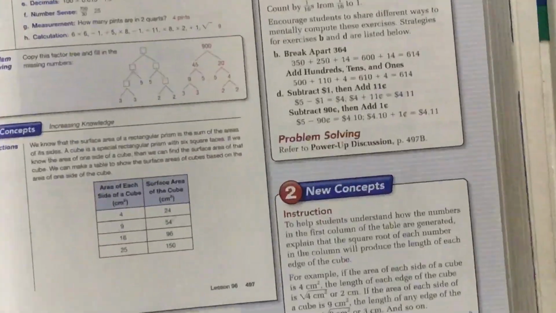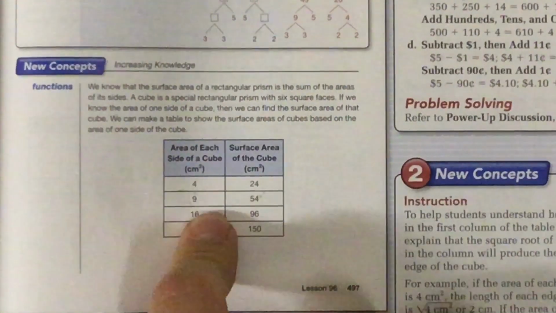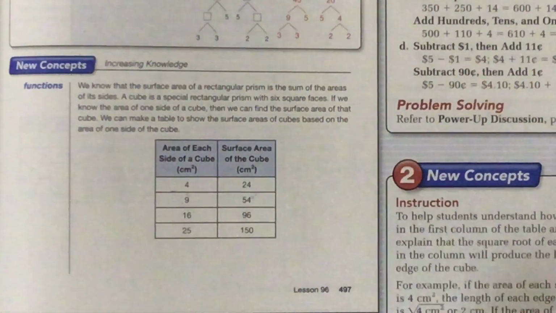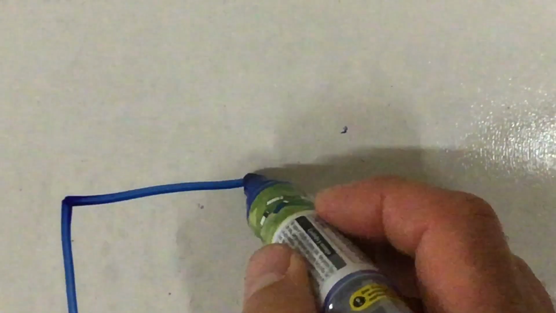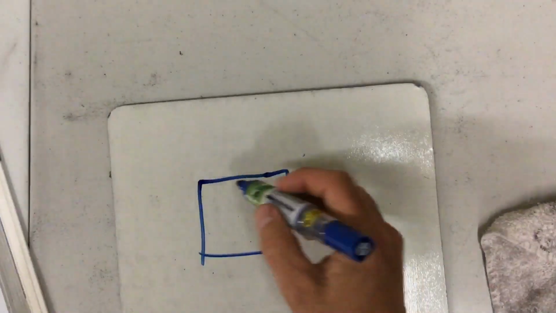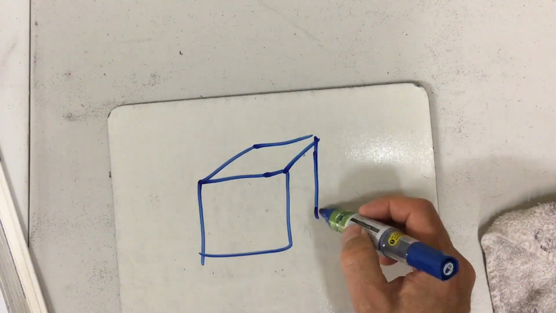Let me pull the book over here a minute and focus in on that. They make a nice table for you. And what they're talking about here is something, well, here, let me do this a minute. If I have a rectangular prism, let's say, and it's a cube, I better back this up a little bit. And so all sides are equal, okay?